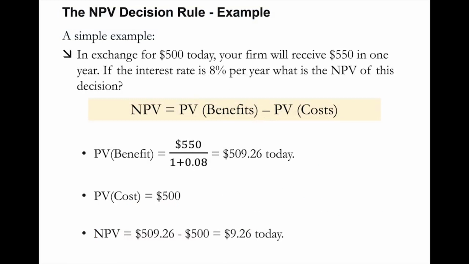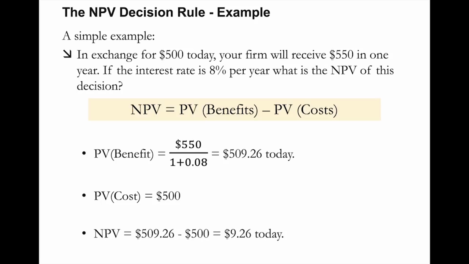Here we're going to have a look at a very simple example of applying the NPV decision rule. In exchange for $500 today, your firm will receive $550 in 1 year. If the interest rate is 8% per year, what is the NPV of this decision?